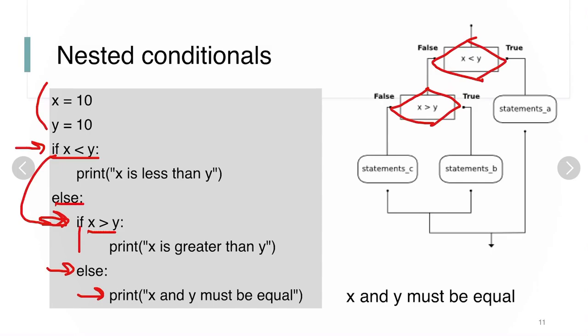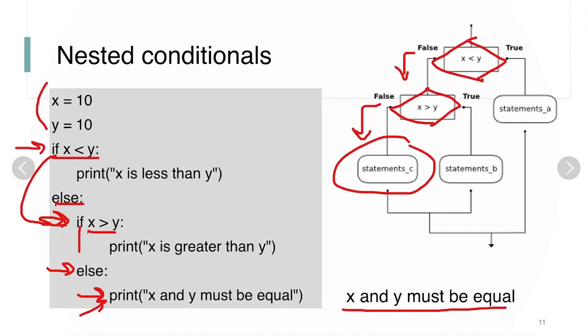So in this case, x is less than y, the first if condition is false, so it goes to the left, and then x is greater than y condition is also false, so it goes to the left hand side again, and then it will execute this last print statement. And this program basically prints this one in the output.